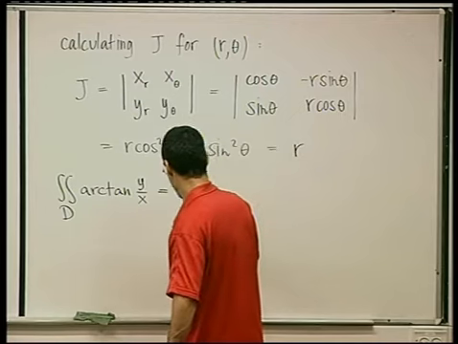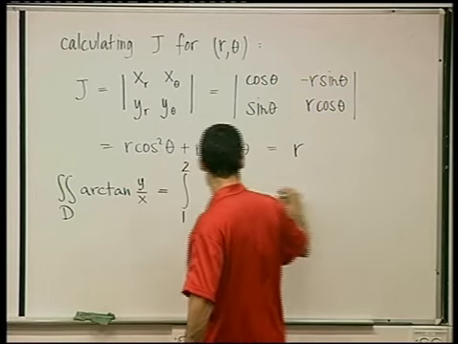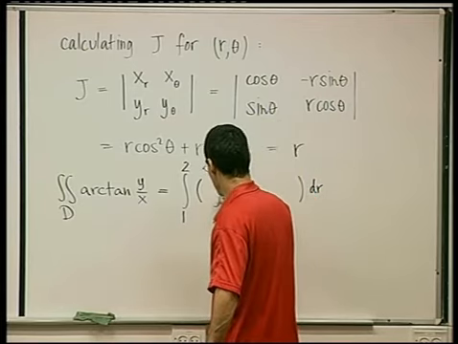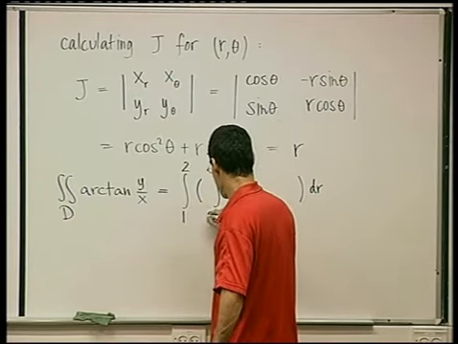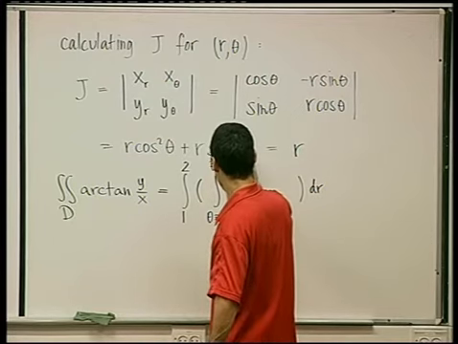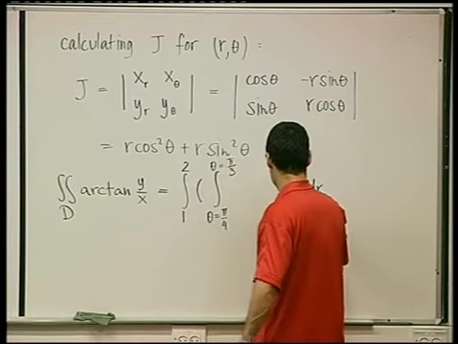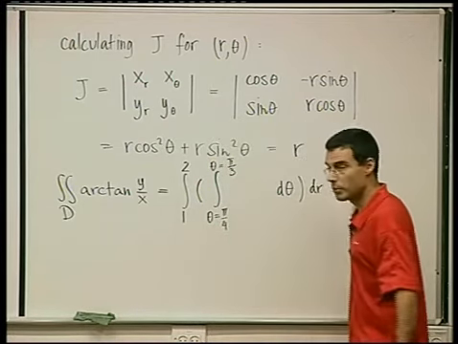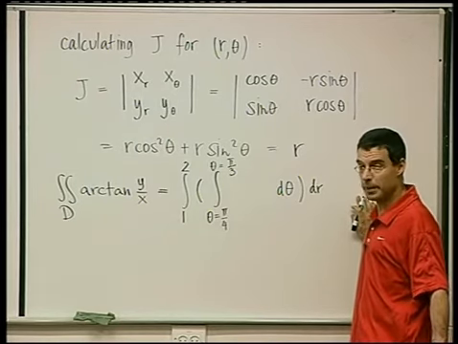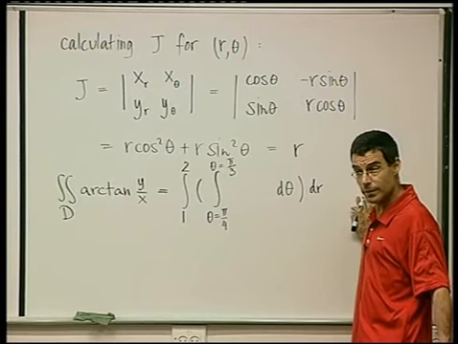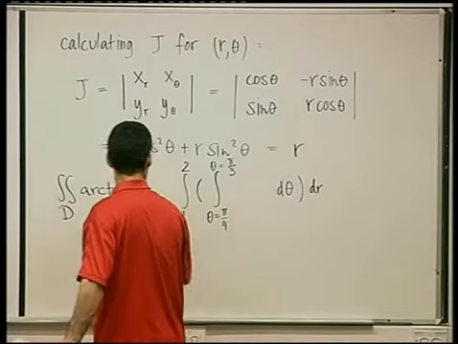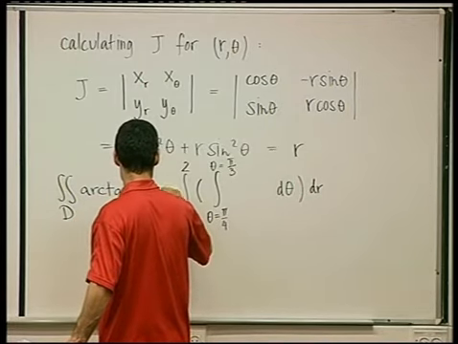The integral from 1 to 2 dr. The integral inside is going to be from theta equals pi over 4 to theta equals pi over 3 d theta. Right? That's E. That's the new domain in the r theta plane. Good? The function was arctan of y over x. Oops, I forgot the dx dy.